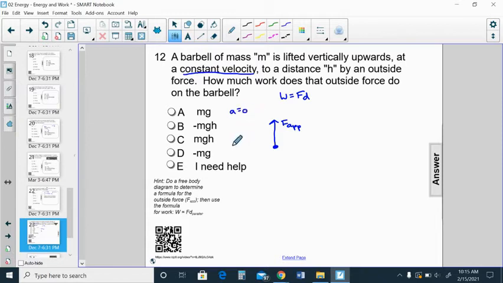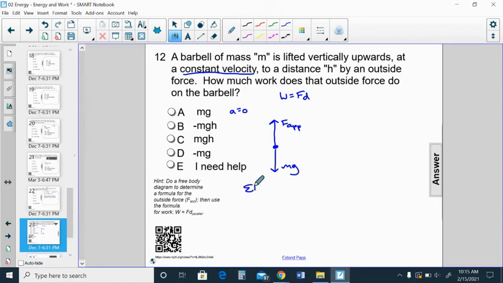So since acceleration equals 0, we know that the applied force is going to be equal to mg. So something here, we're looking at the answers on the left here. Now, there's nothing here saying anything about applied force being this equation. But we know that the applied force here is going to be equal to mg since the acceleration is 0.